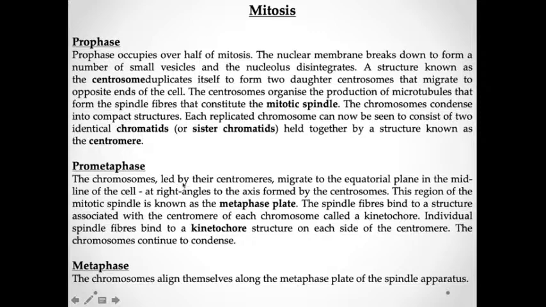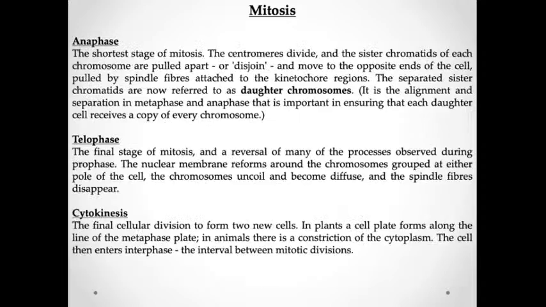Then, in prometaphase, chromosomes led by the centromere migrate to the equatorial plane in the middle line of the cell at right angles to the axis formed by the centrosomes. This region of the mitotic spindle is known as the metaphase plate. Then, in the metaphase, chromosomes align themselves along the metaphase plate of the spindle apparatus. Then anaphase is the shortest stage of mitosis.